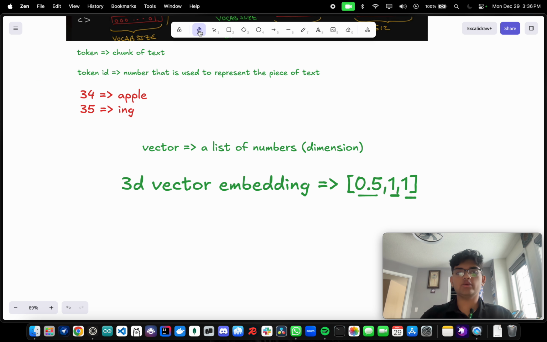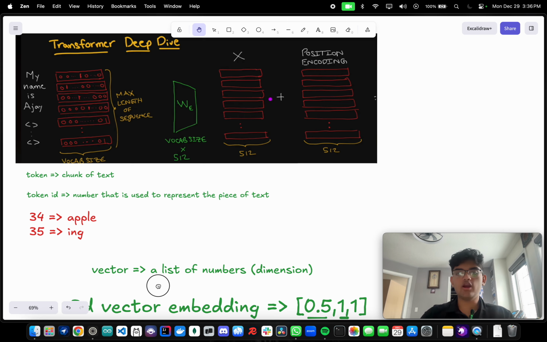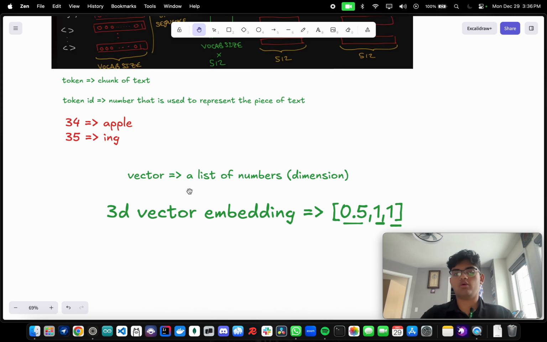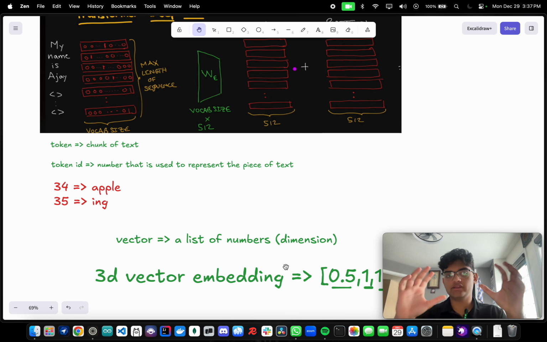Okay? And really, what I'm trying to say with vector embeddings as a whole is that they are essentially a representation of the semantic relationships and meanings of that specific word. Okay, and the way that these numbers come to be is through training. So at first, what happens is that you have these numbers.